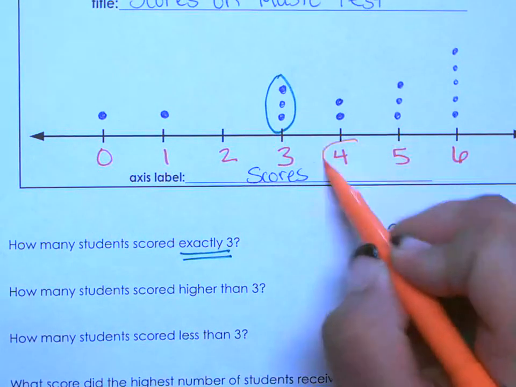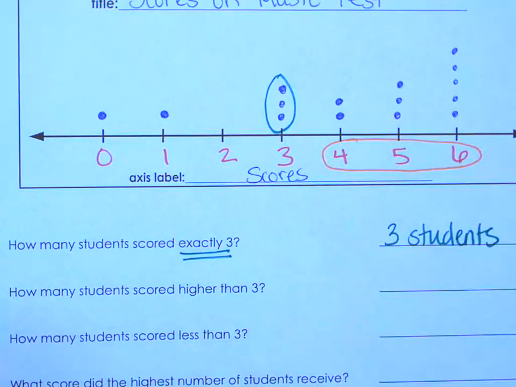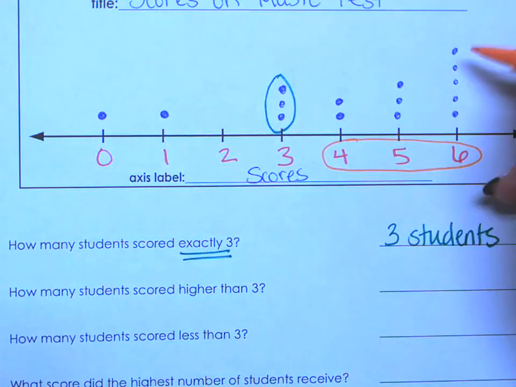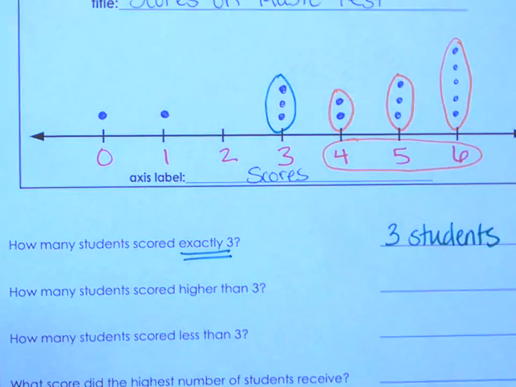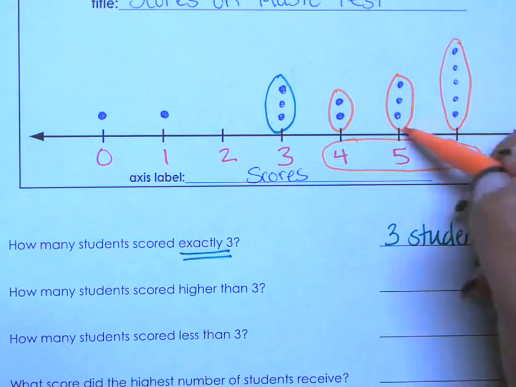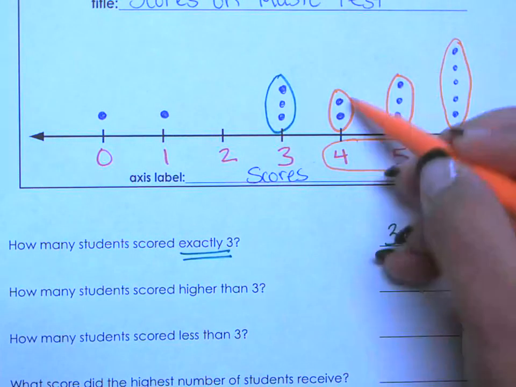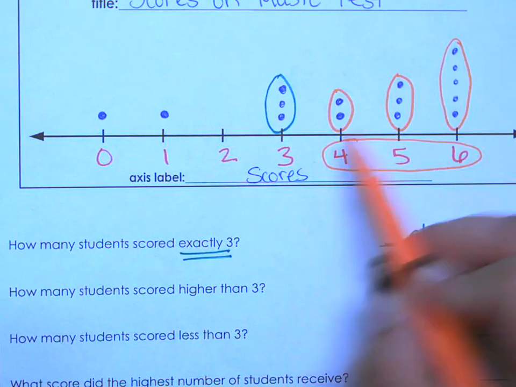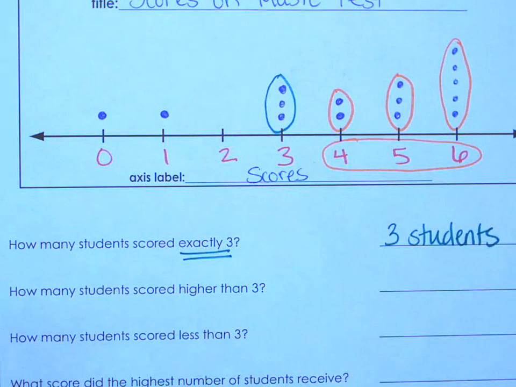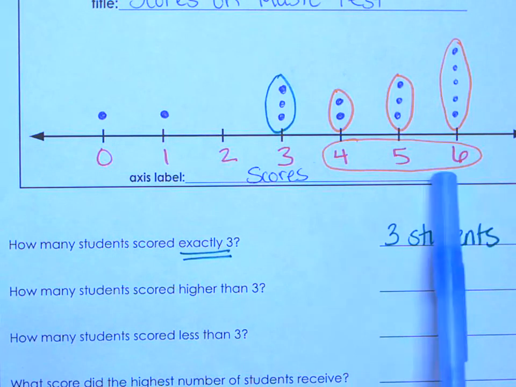So we're looking at who scored 4, 5, or 6. I would take each of these and add them together. So I have 5 here plus 3 makes 8, plus 2 more makes 10. Oh, and I just realized that we missed a piece of data right here.